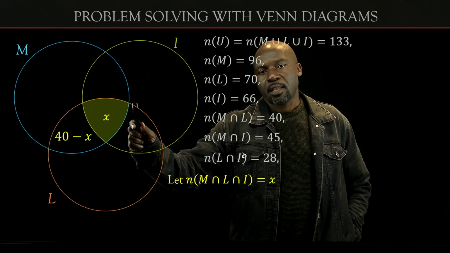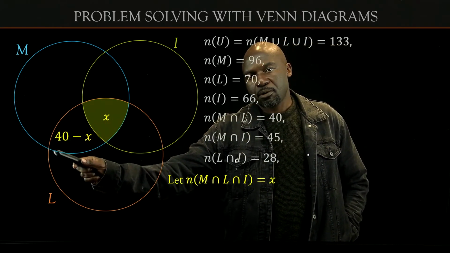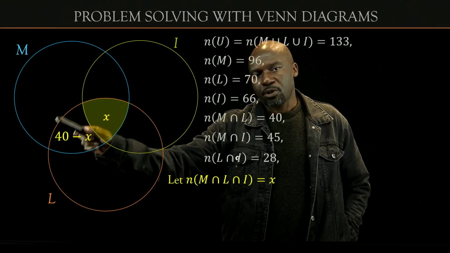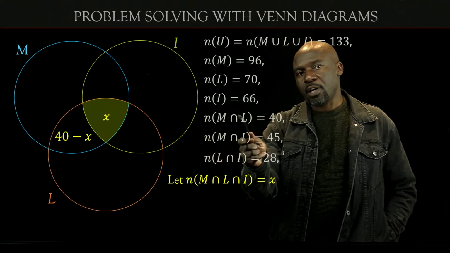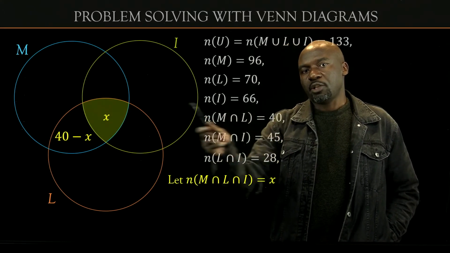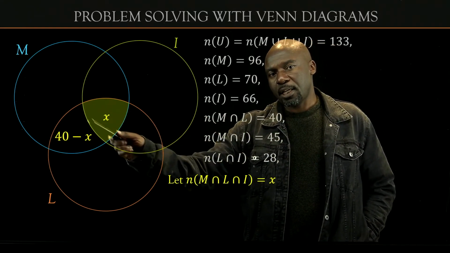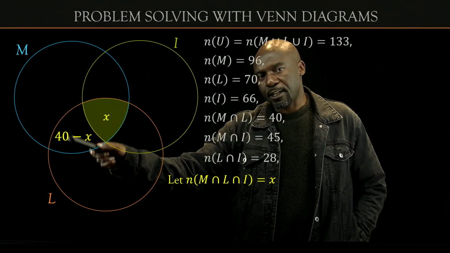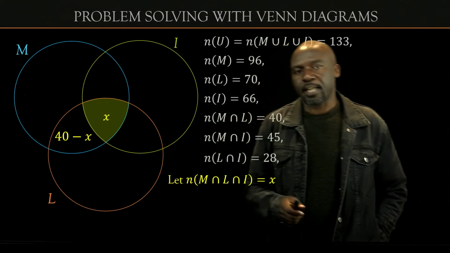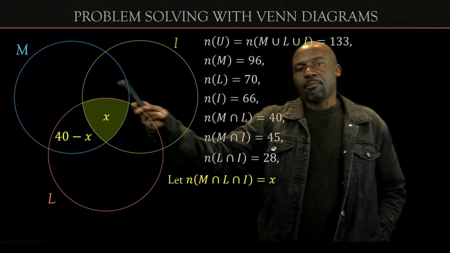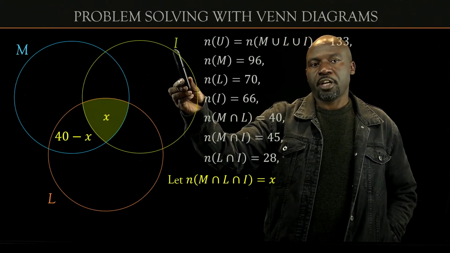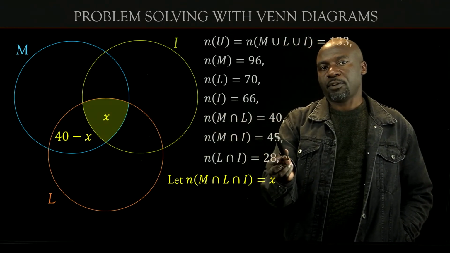We can see that the number of members who own both mining and oil shares was 40. It means that if this part here is X, then the remaining part there in darkness must be 40 minus X. Similarly, the number of members that own mining and industrial shares is 45.